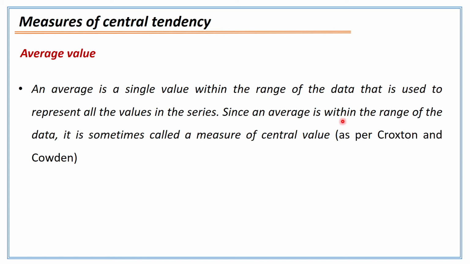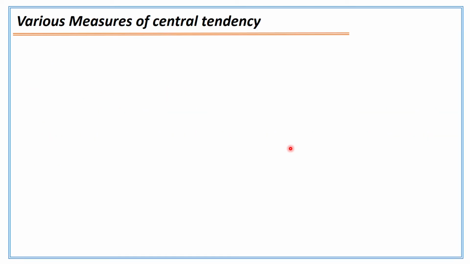And since an average is within the range of the data, it is sometimes called a measure of central value, because whatever average you are finding, it will be in the range of the data only. Suppose you have 10 data points, there will be some minimum value and some maximum value, but the average will be between them. So it is always within the range of the data, and that's why it is sometimes also called a measure of central value. This definition was given by Croxton and Cowden.